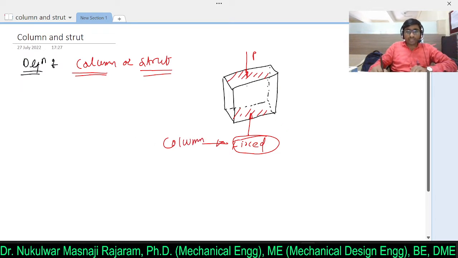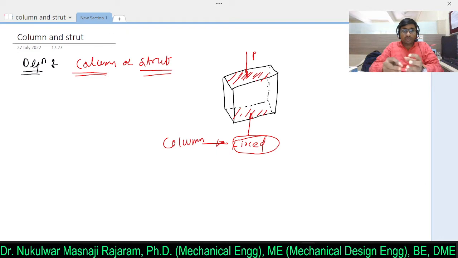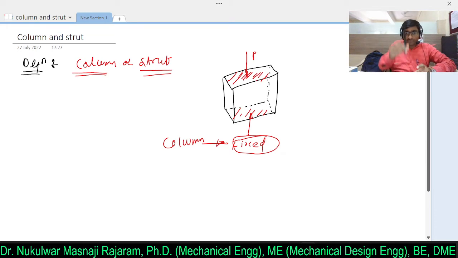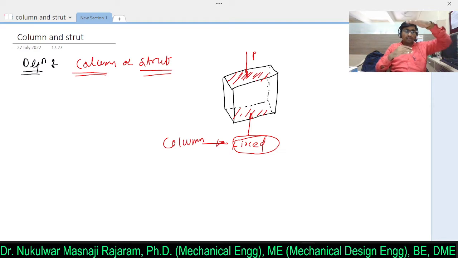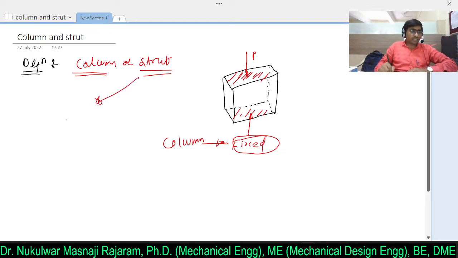You already know from engineering mechanics the different types of support: fixed support, hinge support, roller support, pin support. If both the ends are fixed and the position is vertical, then it is called a column. If you observe the vertical pillar between your roof and the floor, that is nothing but a column. Then what is a strut?